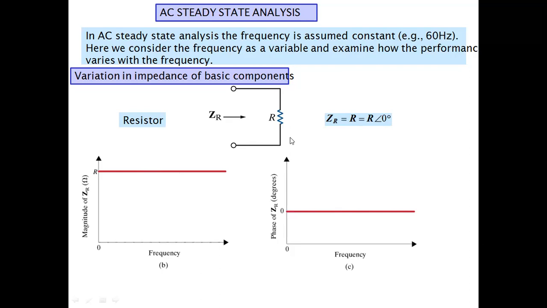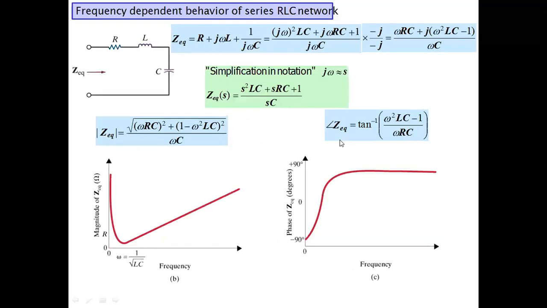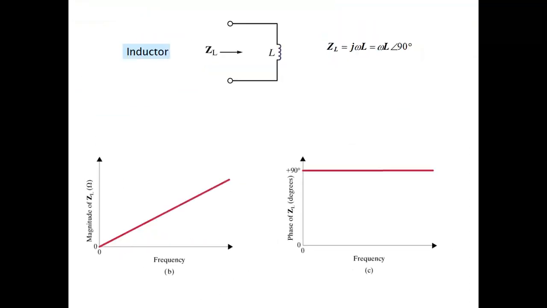If we have the circuit for an inductor and we study the AC steady state for this inductor circuit, we convert the time domain value into the frequency domain by using the Laplace transform.